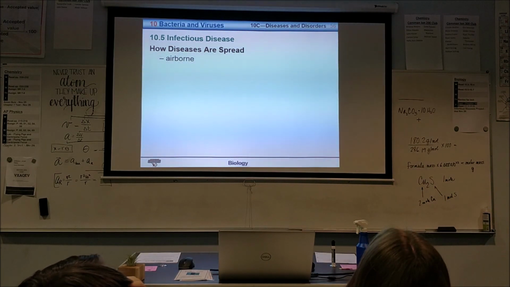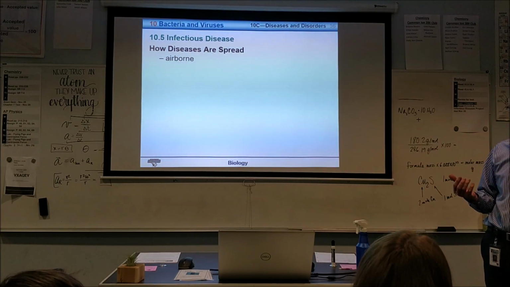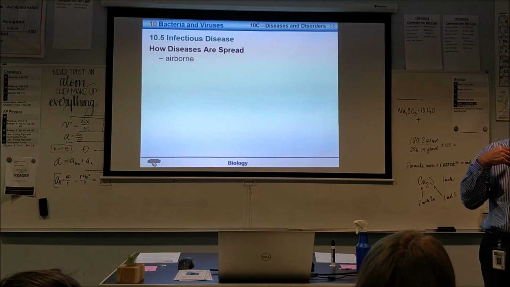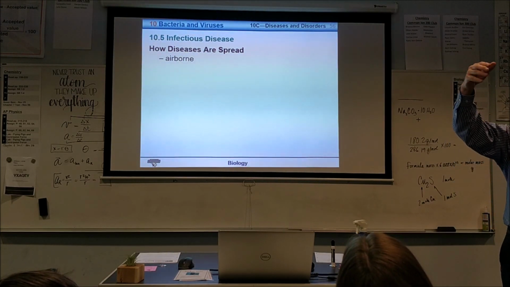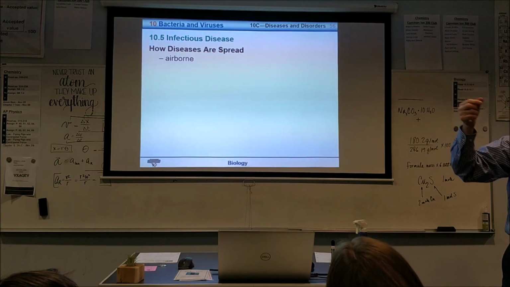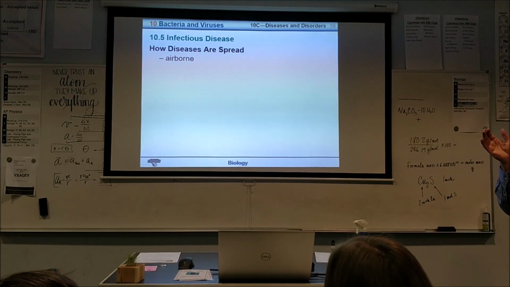So how do diseases typically get spread? One is that they're airborne. Coughing and sneezing are the main ways that these germs, these pathogens, get carried. When you sneeze, the tiny water droplets can carry these pathogens, and you can breathe in that air.